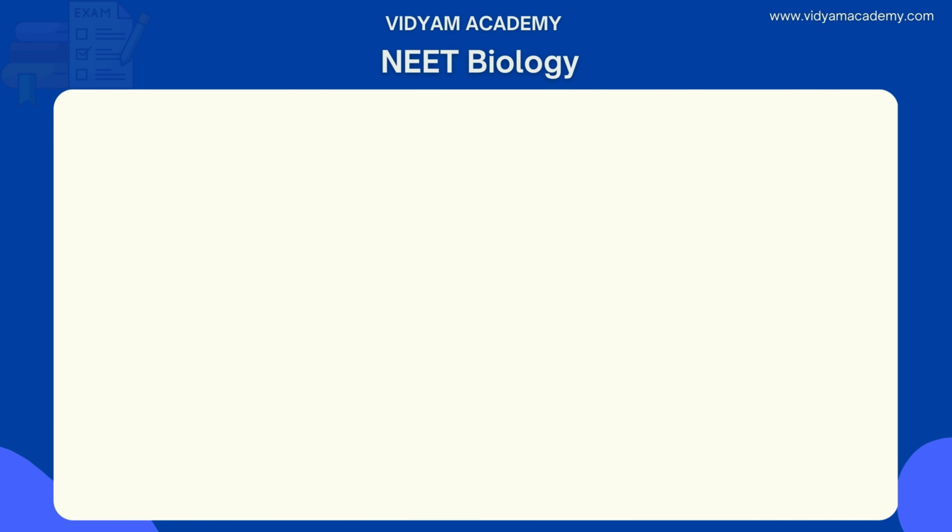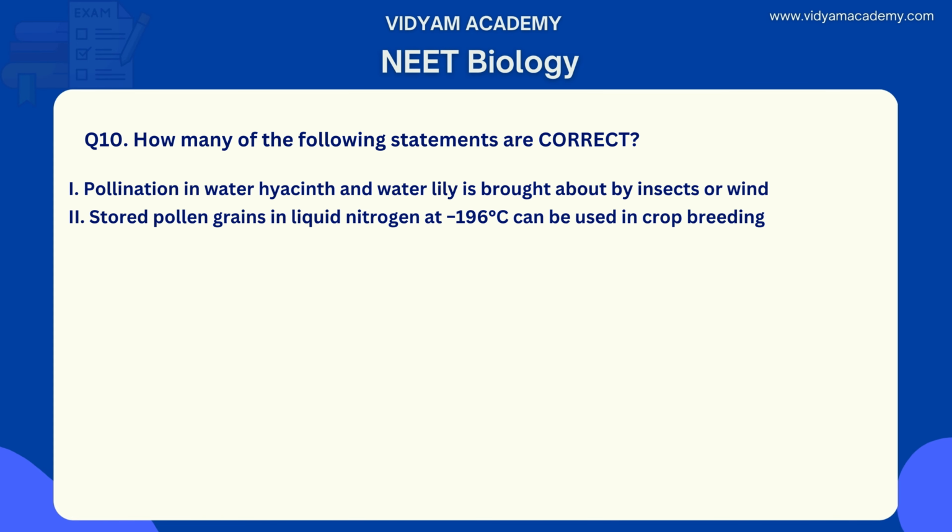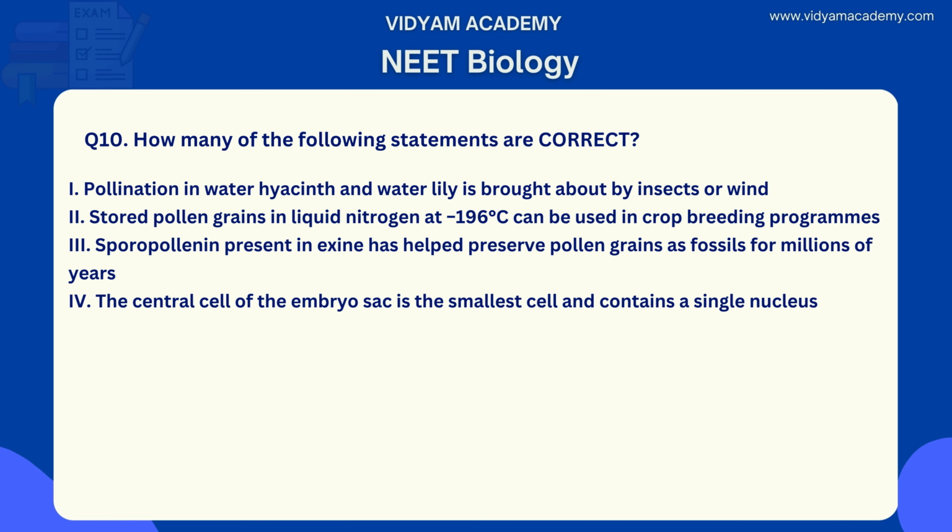And the final question of this second series, question number 10. It completely mixes all the concepts which we have started earlier. Question number 10 is, how many of the following statements are correct? The first one, pollination in water hyacinth and water lily is brought about by insects or wind.